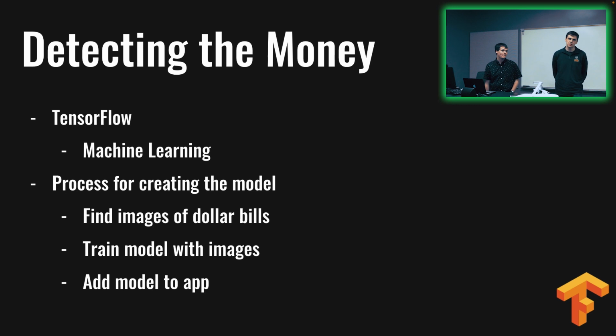In order to integrate the detecting of money within the app itself, we used TensorFlow. It's a machine learning platform where we could upload images. To create it, we first uploaded found images of money. We just downloaded them from Google Images. We could search, for example, a $1 bill, and download every image.